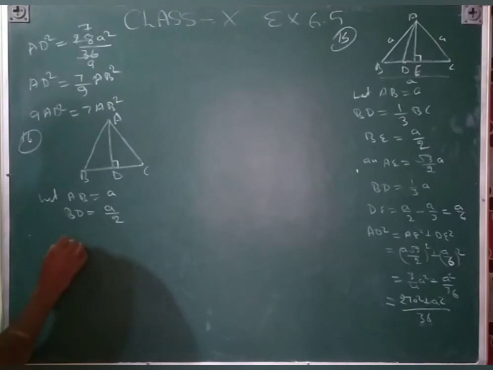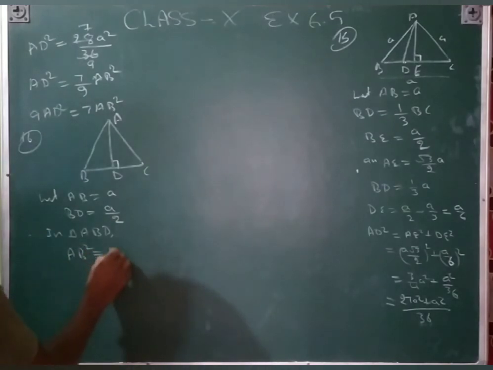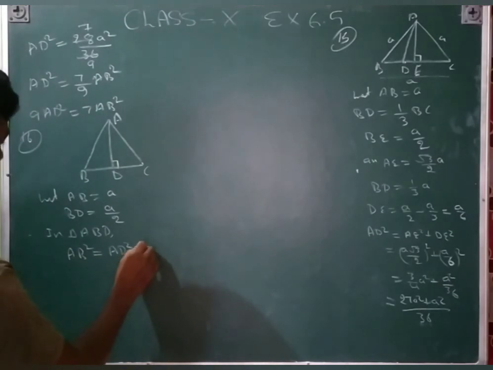So here we can write in triangle ABD, AB square is equal to AD square plus BD square.